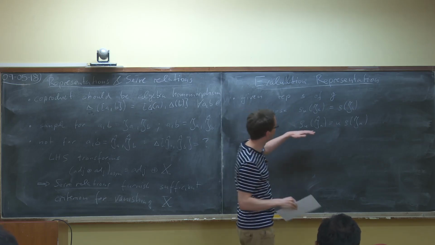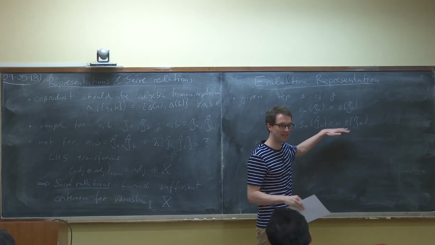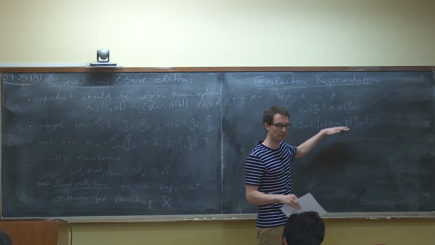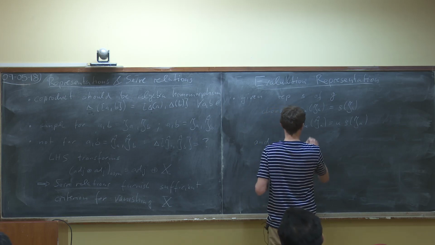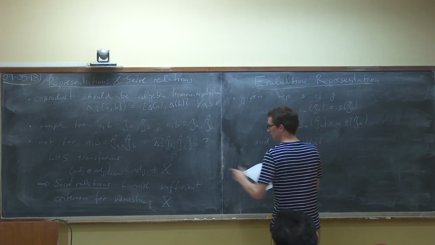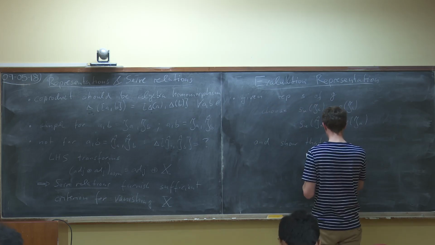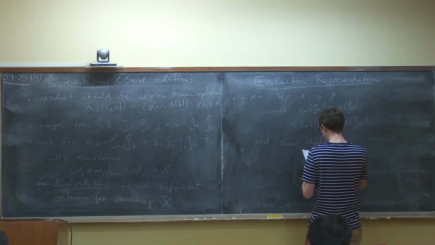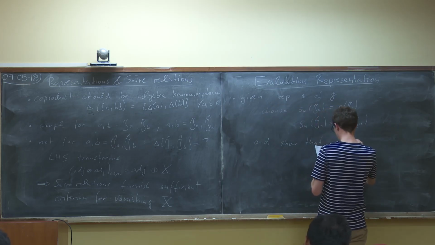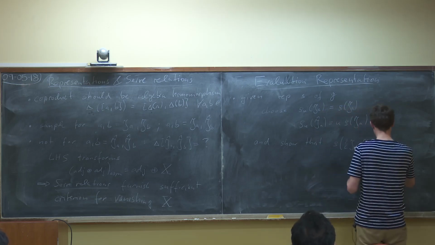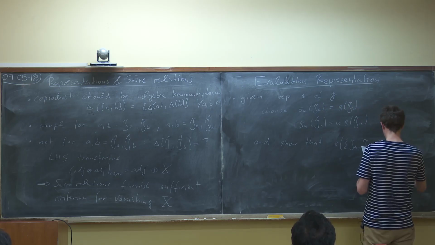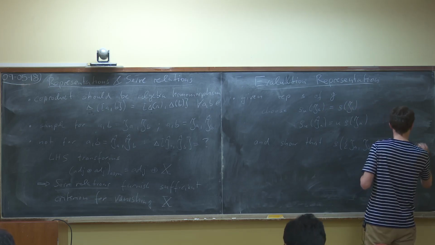In order to show that this is a valid representation also of the Yangian, I now have to show that exactly this X part of my right-hand side of the Serre relations vanishes.